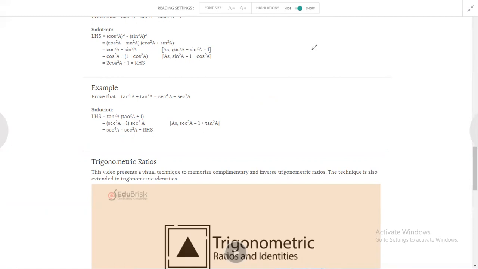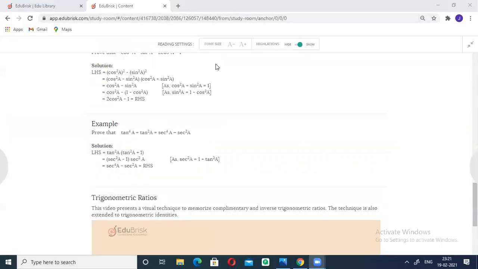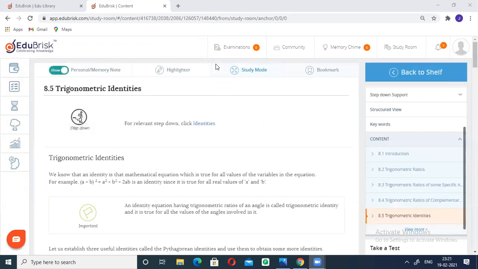Now, these are the common types of questions. There are many different types. You may get any question related to this, but if you know the identities properly and how to convert from one type to another, then we will be able to do these types of questions.